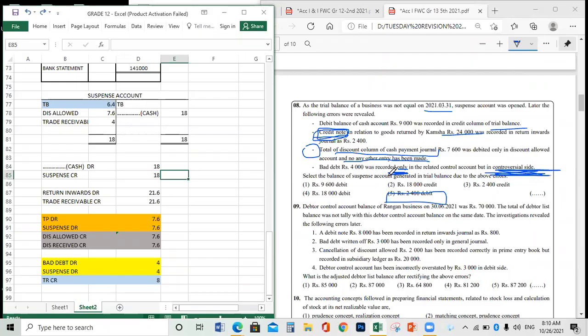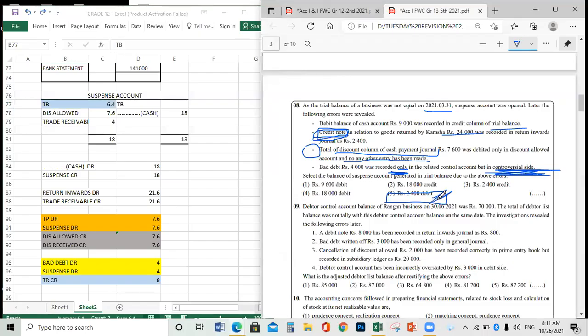But they say only in the control account they recorded. So that means the question is wrong. Either they should have given the answer as 6,400 debit, but the answer script says fifth one is the answer, where they have considered the bad debt is already recorded. But in the question, they don't say bad debt is recorded. So yeah, that's a mistake there.